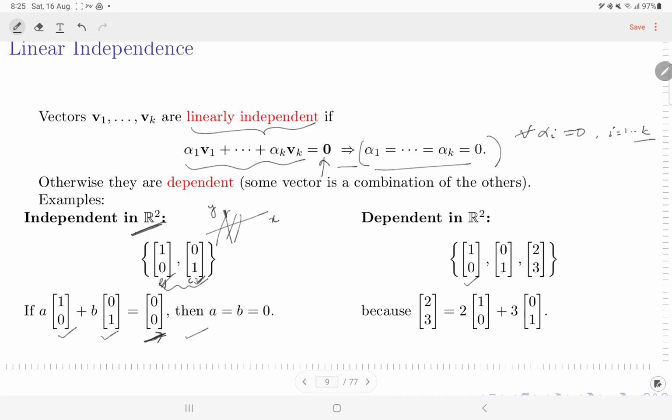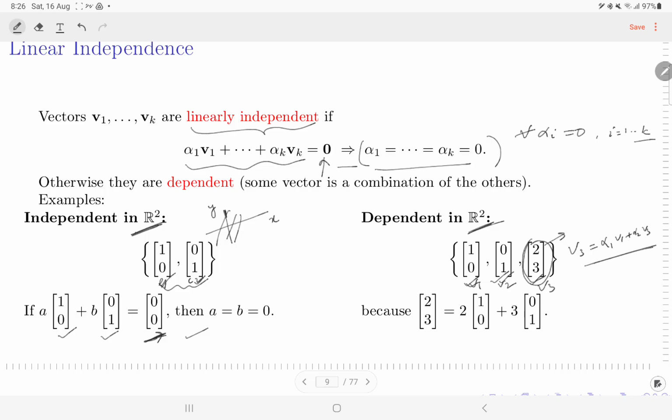What about this? There are 3 vectors in this one: (1,0), (0,1) and (2,3). Do we really need all of them to span this R2 space? Can you see this is a linear combination of the other two vectors? Let's say v1, v2 and this is v3. Can you say that v3 is a linear combination of these two?